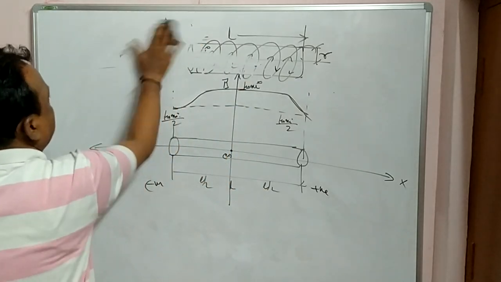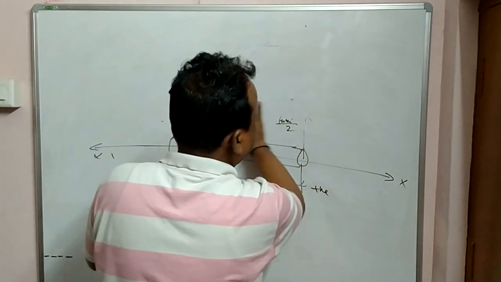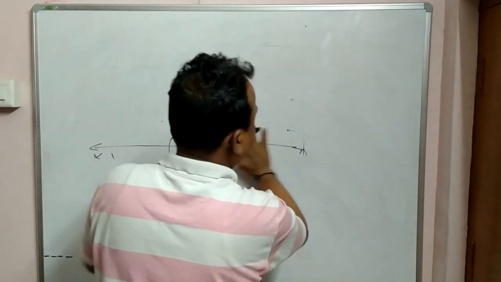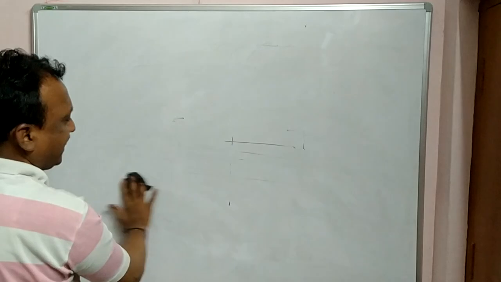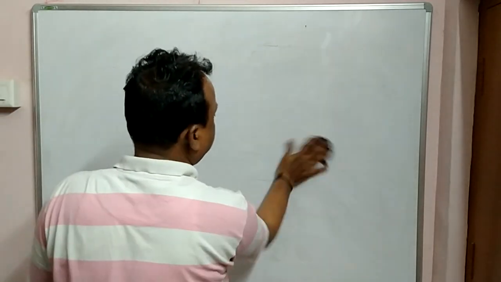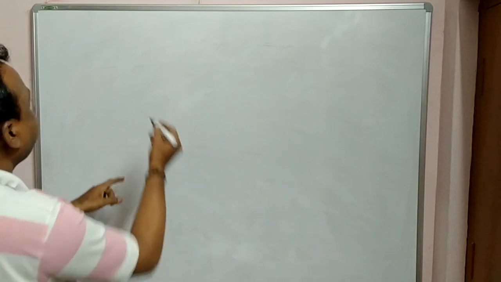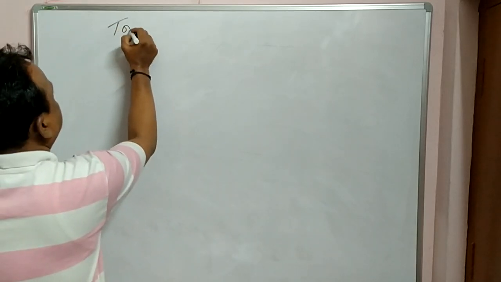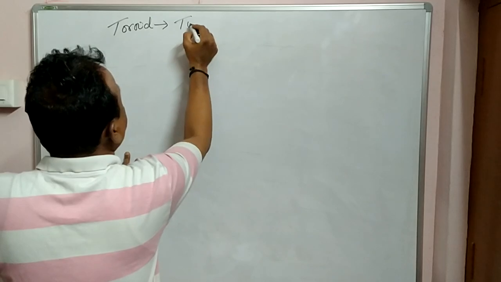Right. Now let us go to the next part, the toroid, another important one. A toroid is very simple. It is nothing but a solenoid, but when you bend the solenoid into a circular form, a ring, it becomes a toroid. A toroid is also called a toroidal solenoid.